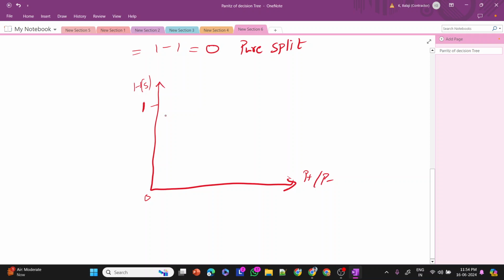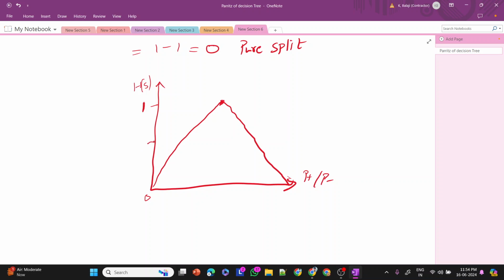When plotting, the entropy has a maximum value of 1, and graphically the plot is in this bell-shaped curve.